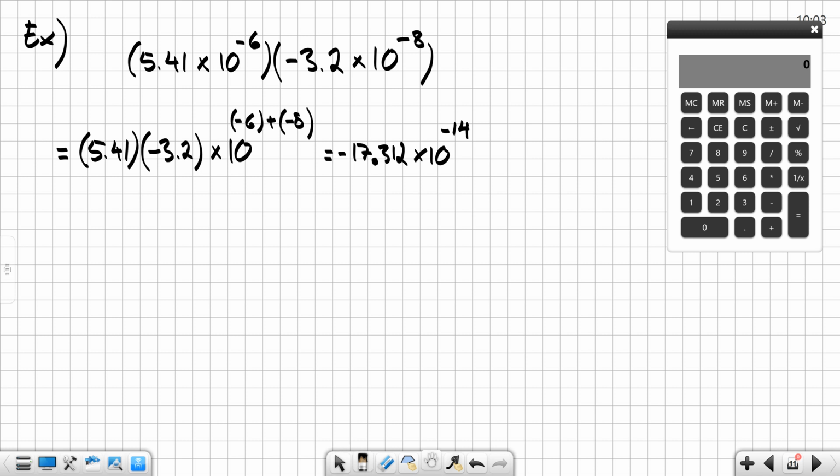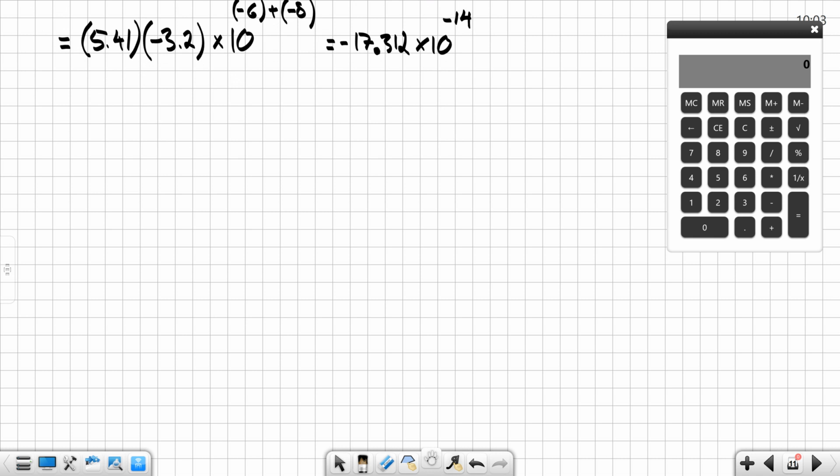Here is an easy way how to remember what to do in a case like this. So I have a negative 17.312 times 10 raised to the negative 14. This decimal right here has to move to the left. Well, what operation is doing such thing? If I would take this and I would divide this by 10, that would then move the decimal one spot to the left.